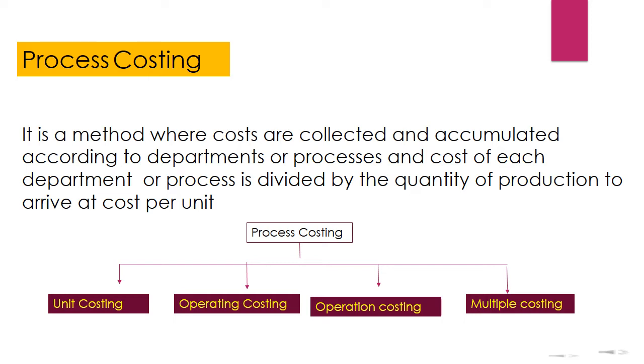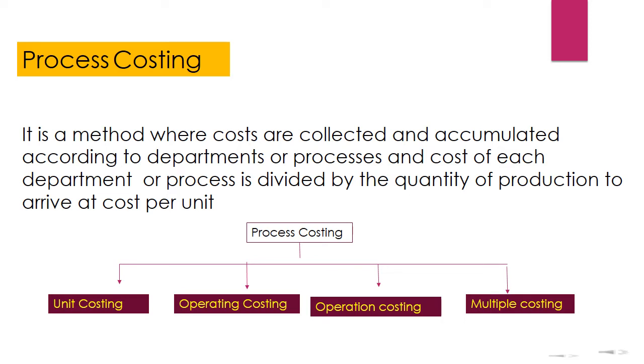For example, manufacture of paper, soap, textiles, chemicals, sugar, food products, etc. The process costing is again divided into unit costing, operating costing, operation costing, and multiple costing.